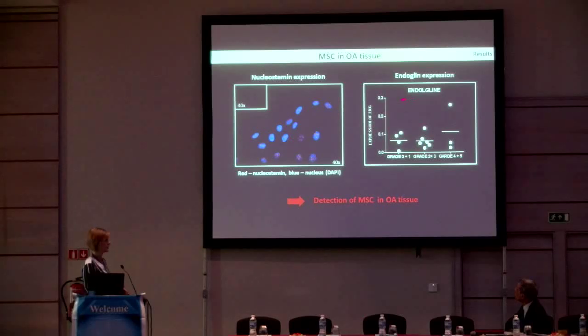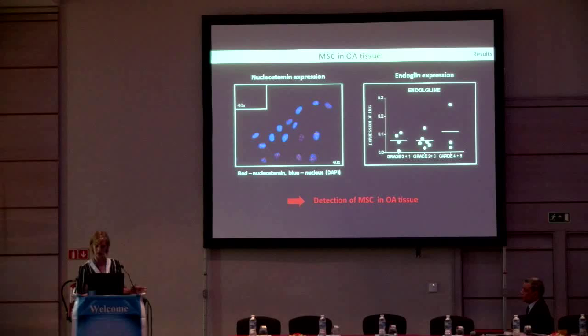Also, by qPCR, we showed expression of endoglin, the second marker of mesenchymal stem cells, in all the grades of osteoarthritic cartilage, from the preserved part of the cartilage, but also from the last stage of osteoarthritis. Based on these two results, we can confirm that we have at least two cell types present in osteoarthritic cartilage.